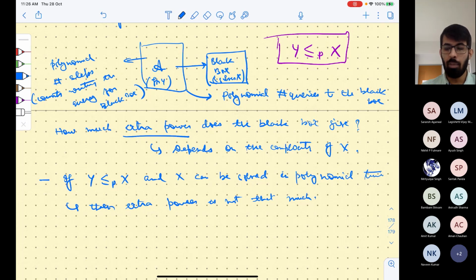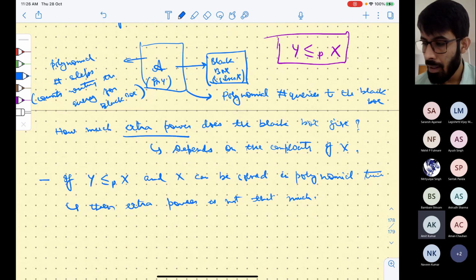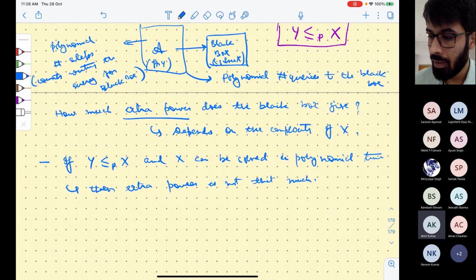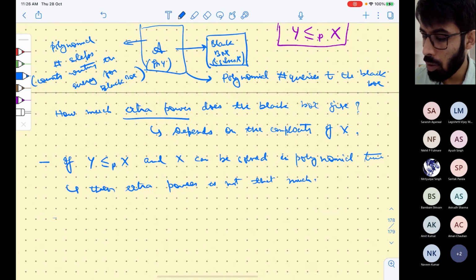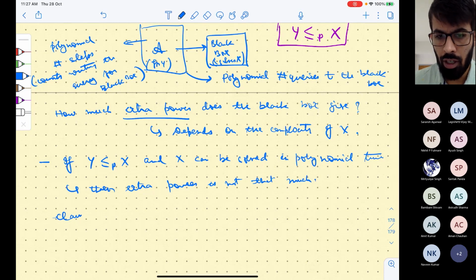Can somebody guess the implication? Then Y can also be solved in polynomial time. Why? Because we are making a polynomial number of calls to X and additional polynomial steps to convert it. Exactly. So let's call it a lemma.